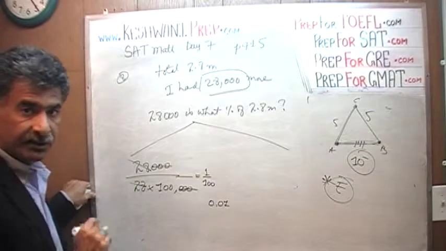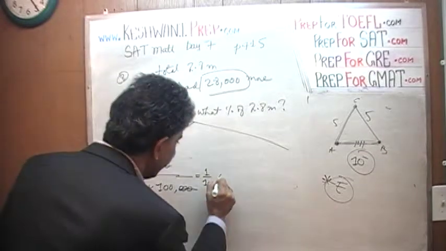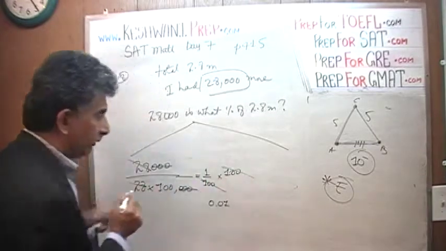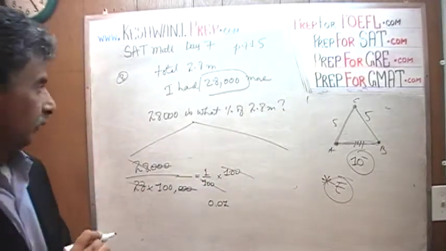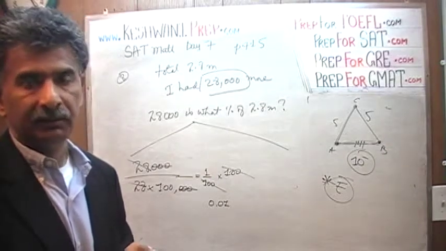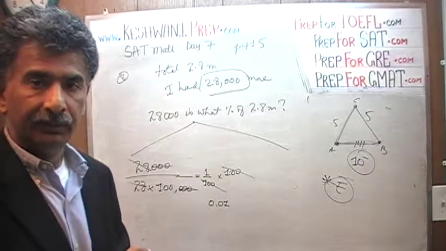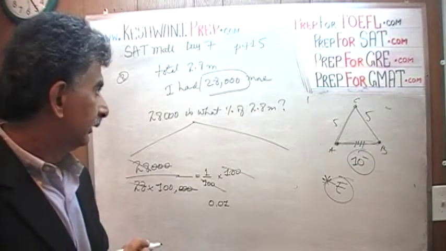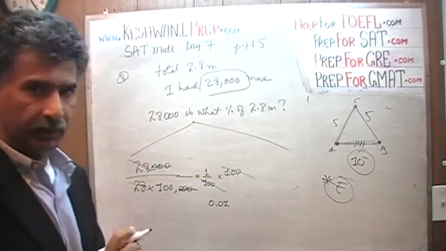Just like all the other 3 examples that I just did, we have to multiply this by 100. When you multiply it by 100, what we find is that 28,000 is simply 1% of 2.8 million, not 28 million, 2.8 million.